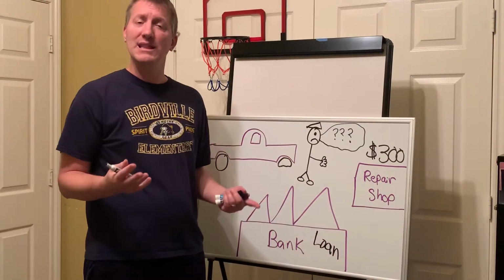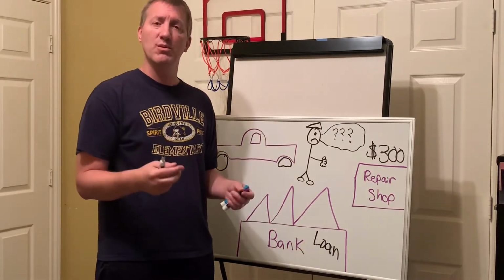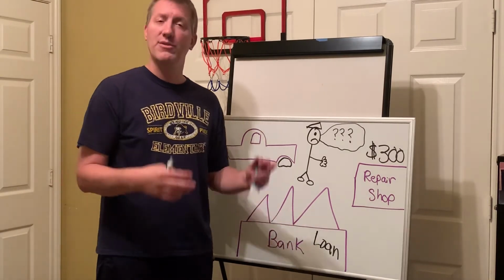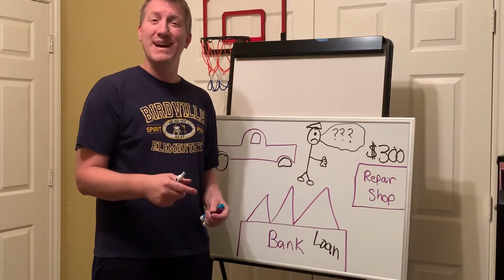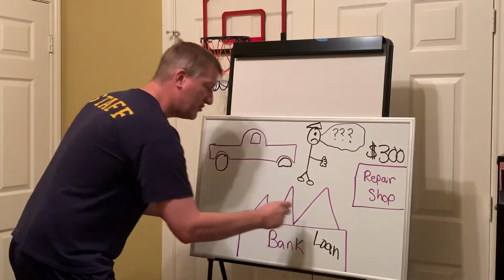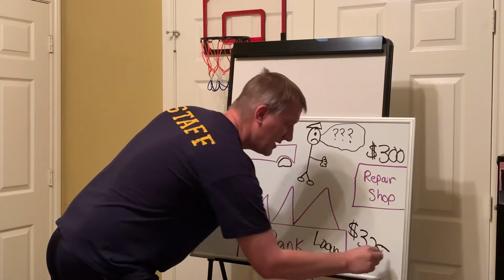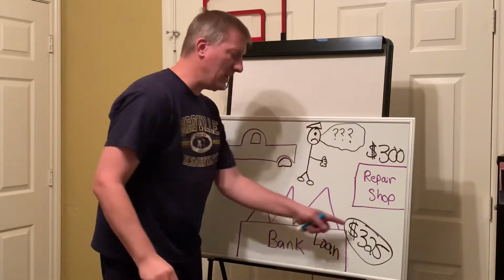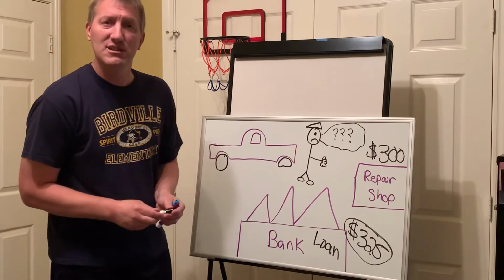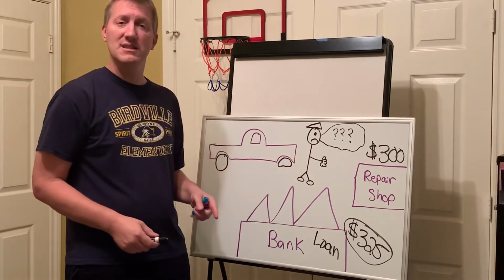And on that loan, I'm going to pay interest. They're going to say, hey, Mr. Pool, we'll gladly give you the $300, but in 2 weeks, you have to pay us $325 back. So we're going to give you $300 to pay off the repair, and I can get my car fixed.